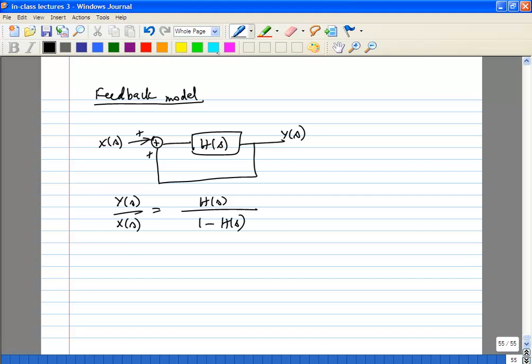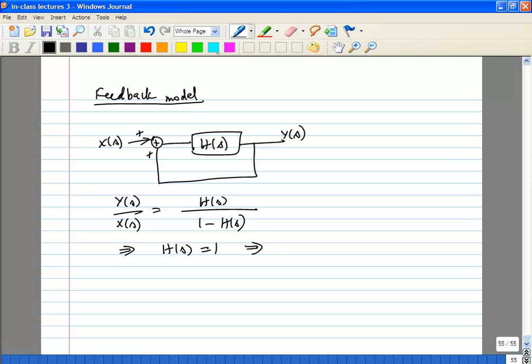So what do we know? If you have H of S equals 1, that implies that you can have a Y of S with no X of S input.